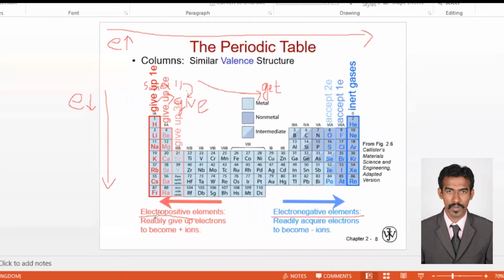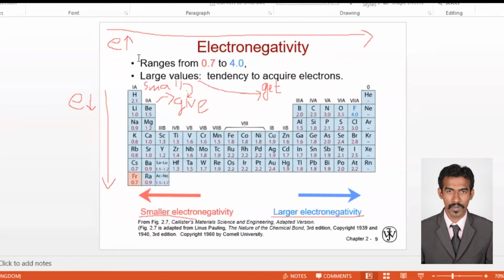These electropositive elements readily give up electrons to become positive ions. And these electronegative elements readily acquire electrons to become negative ions. So electropositive elements will give up electrons and electronegative elements will receive those electrons. You just need to know the tendency.